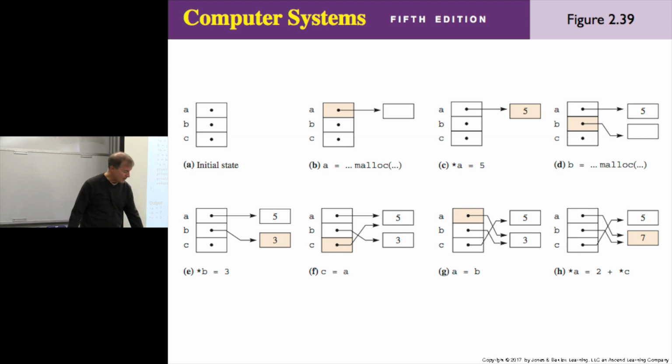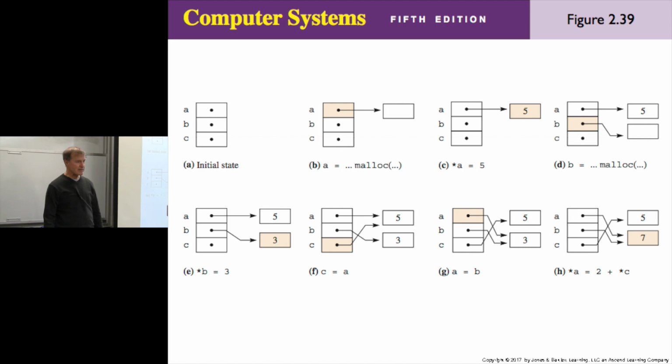So do you see why in figure 2.39 the A, B, and C are out there in a fixed location in memory? They're not on the runtime stack. Are you with me? And then A gets malloc, etc. So that allocates storage from the heap, and then *A gets 5 in part C of the figure, the cell that A points to gets 5, and then we allocate storage for B in part D, and then in part E, *B gets 3, so that makes the cell that B points to get 3, and etc. And by the way, what happens if we do C gets A?